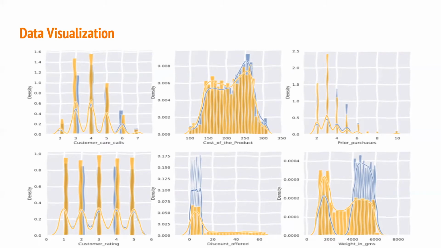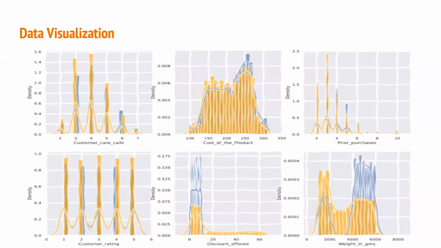This suggests that discount offered and weight will be most useful in predicting whether or not a shipment will arrive on time, while also taking into account the impact of shipment cost to a degree. Looking at the histograms overlaid with the kernel density estimates, we are better able to visualize the extent to which the distributions of the goods which arrive on time overlap with the distributions of those not on time for each quantitative variable.